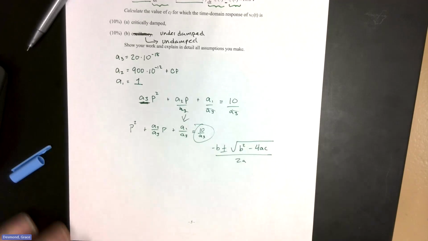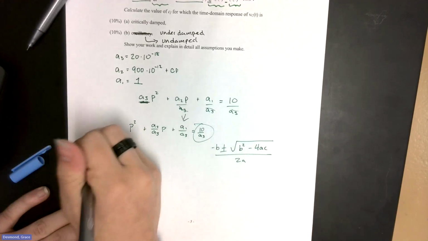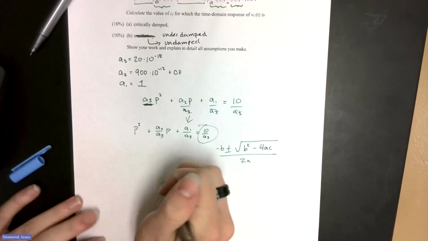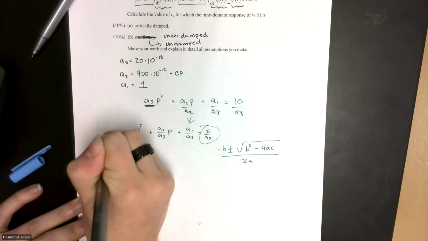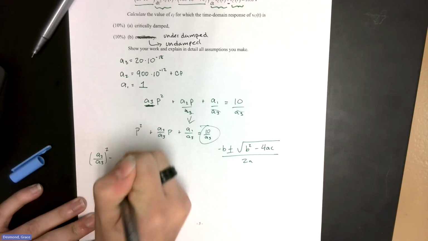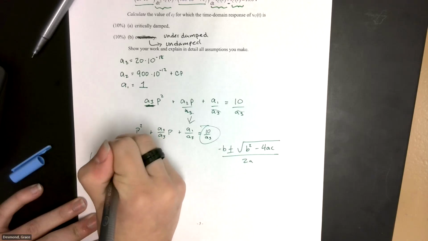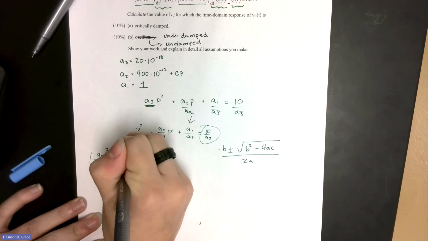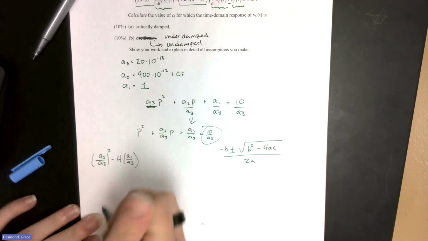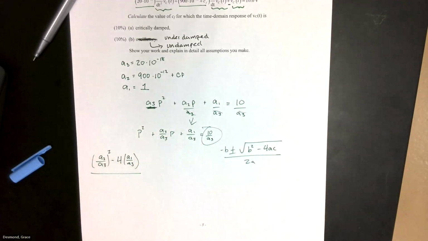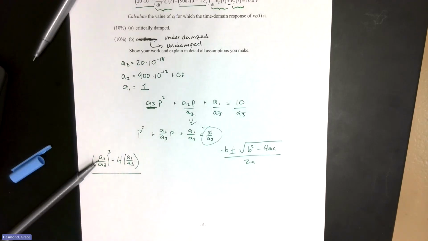C is 1, so we are going to work with b squared, which is A2 over A3 squared, minus 4 times A1 over A3. This is the big thing that we're going to look at.